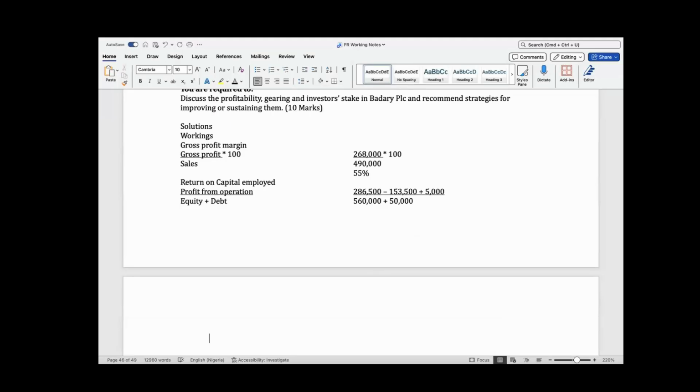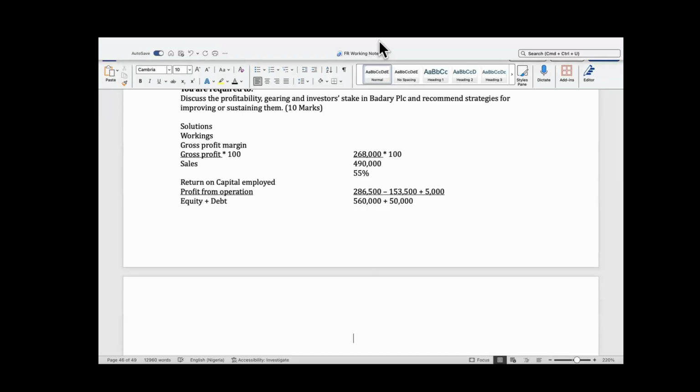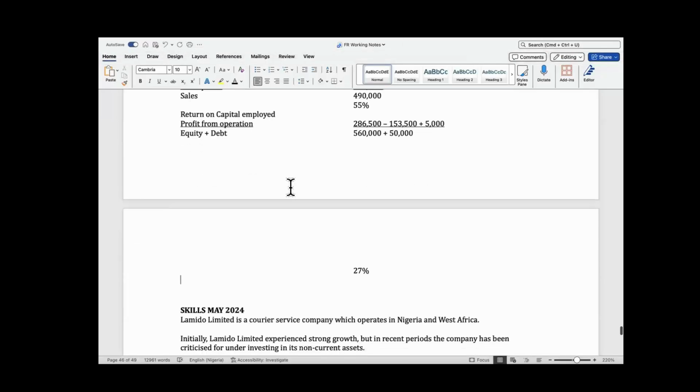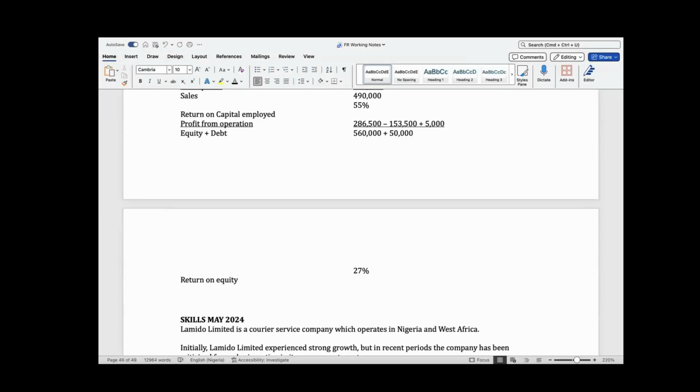Okay, so what do we have? 27%. Now, I think it's also useful for me to know exactly what I returned to my equity, which is profit for the year over equity alone, of course times 100.